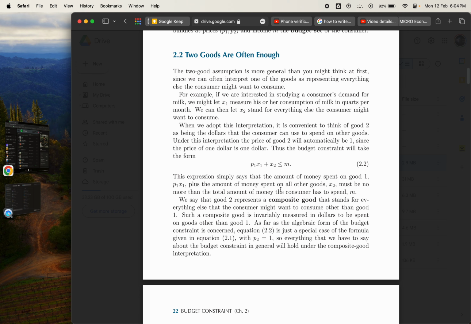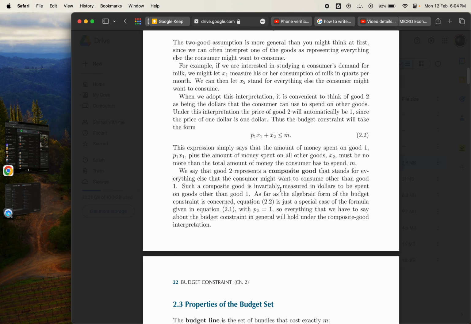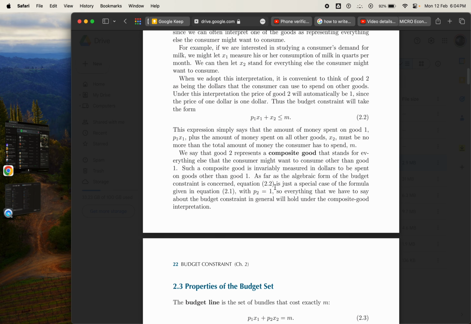While we consider all of the rest of the goods, it's called a composite good. It stands for everything else that the consumer might want to consume other than good one.